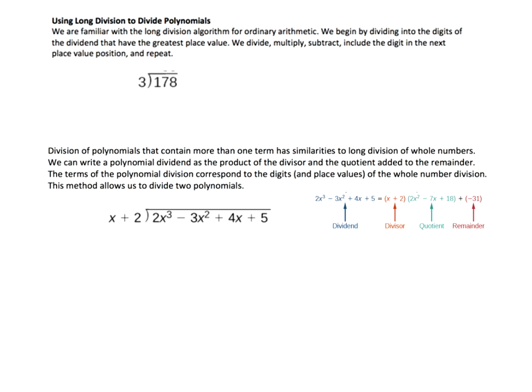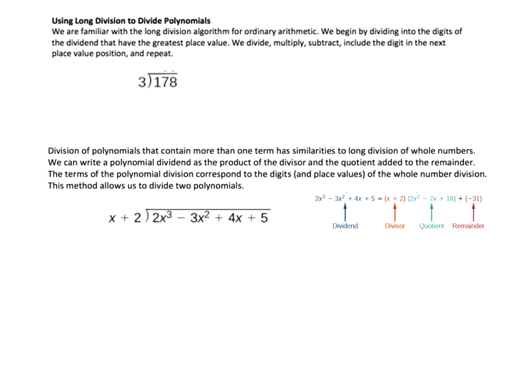So here we go. If I'm looking at 178 divided by 3, the first thing I do is start with estimation, and I ask myself the question, what do I have to multiply by 3 to make my very first digit there 1?